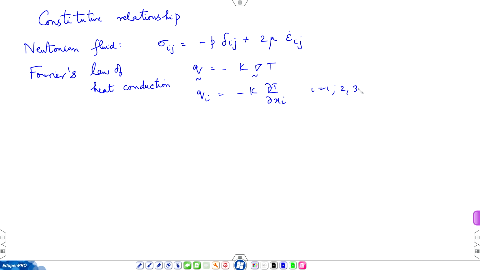Okay, so, if you look at handbooks, they will give you thermal conductivity values, everything from mild steel to copper to air to liquid water to oils, all of them have a well defined thermal conductivity, which means Fourier's law of heat conduction is applicable.